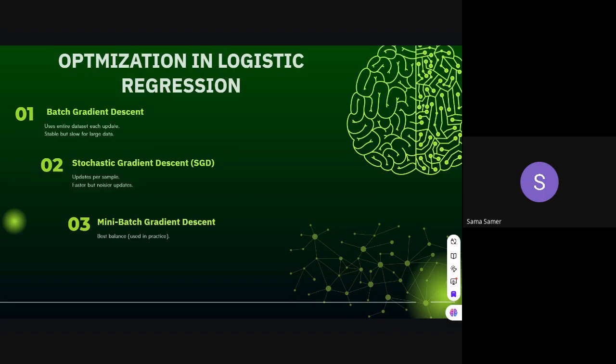So what do you think about the three ways that we have to enhance or optimize the logistic regression? Okay, go on.